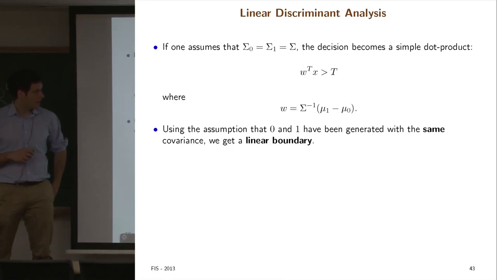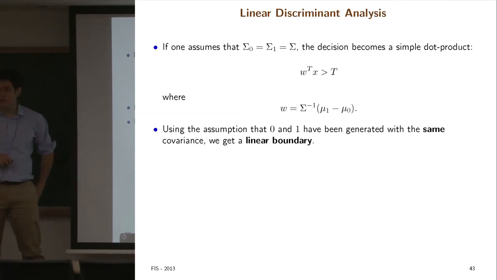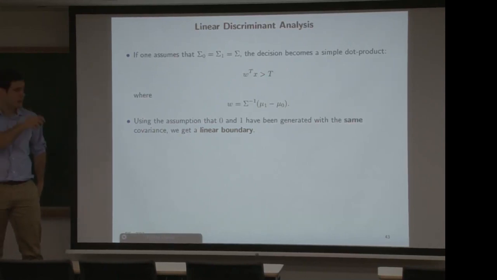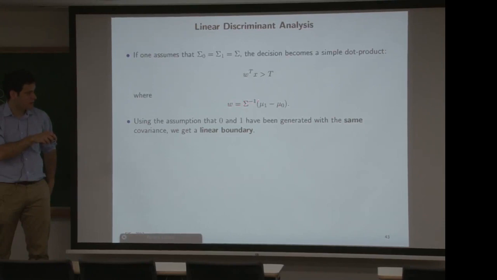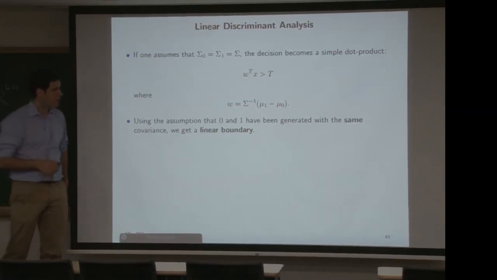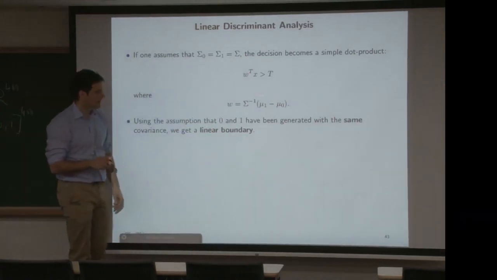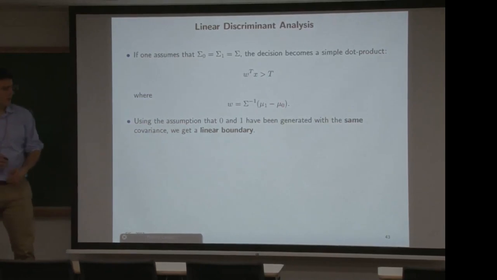But then if sigma 0 and sigma 1 can be identified, it's easy to see that this reduces to a simple dot product. And the value of omega here is just the inverse of that covariance matrix times mu1 minus mu0. So the normal vector omega here becomes this, and then you have a linear boundary.